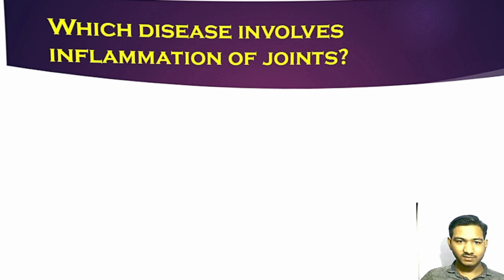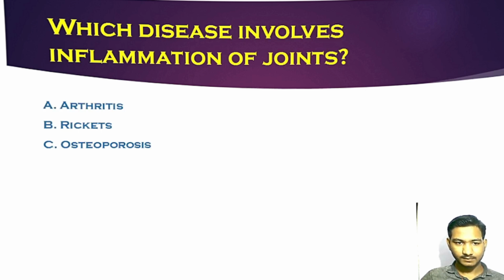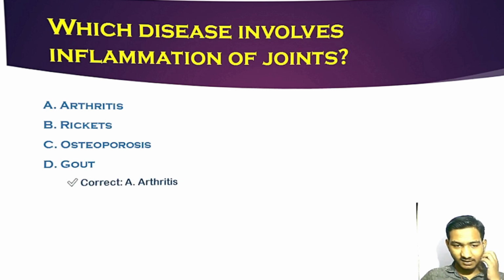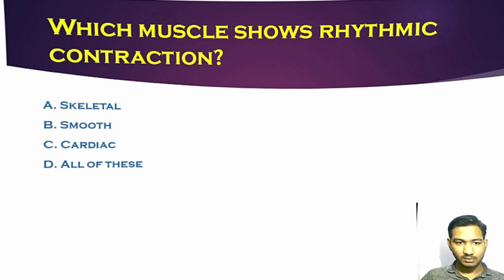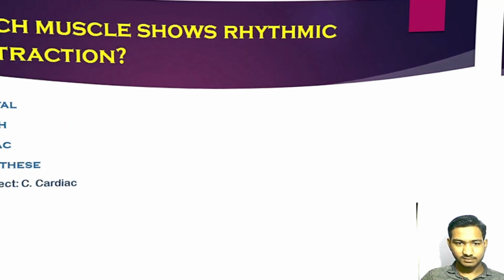Which disease involves inflammation of joints? Arthritis involves inflammation of joints. Which muscle shows rhythmic contraction? Cardiac muscle shows rhythmic contraction.